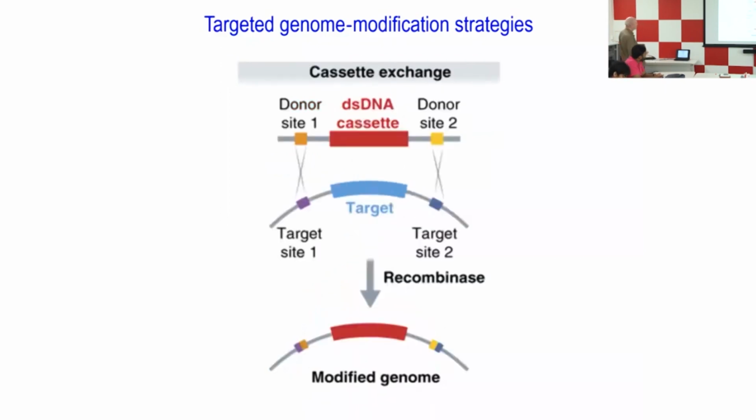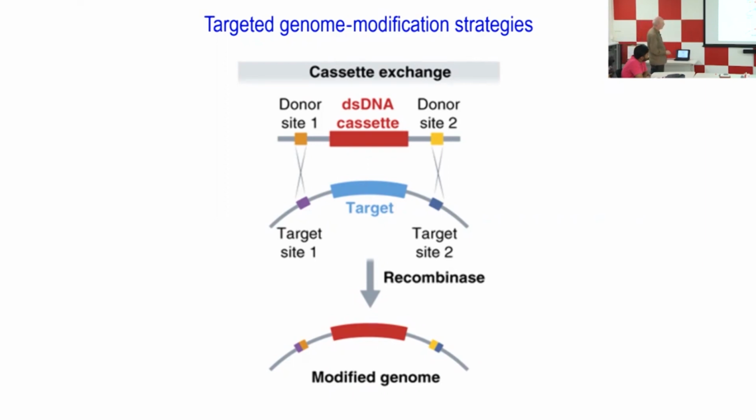The other possibility is to use recombination, which I also discussed in one of my earlier presentations. If you want to deliver a double-stranded DNA cassette with an insertion into a given location of the genome, and you have enough homology in the flanking regions, then you can make a swap between the donor DNA and the target domain, and at the end you replace the target DNA by what you had at the beginning.